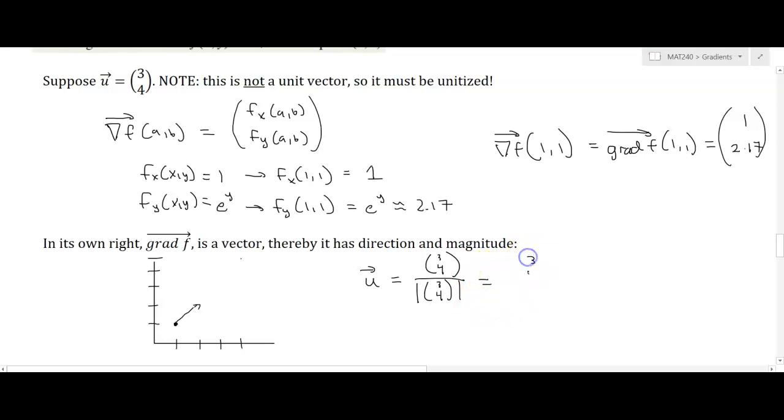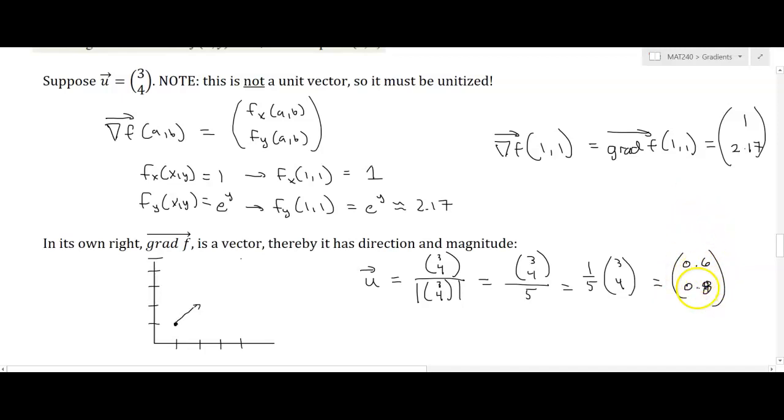Now, the magnitude of the (3, 4) vector is 5, and so we're going to take 1/5 of both of the components, which will give us, if we leave these as decimals, 0.6 and 0.8.